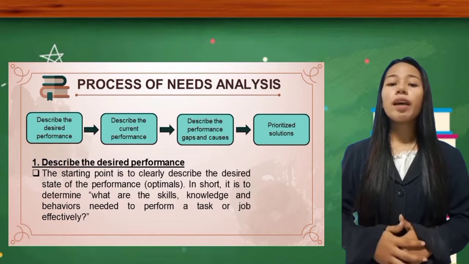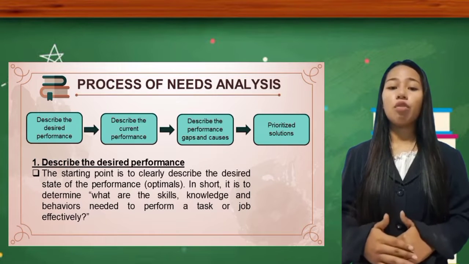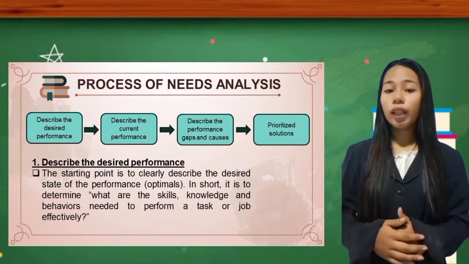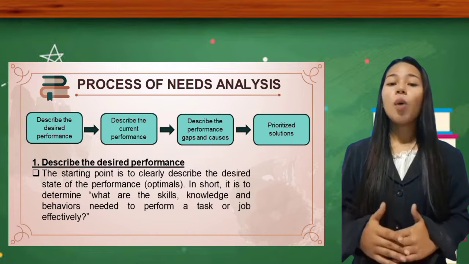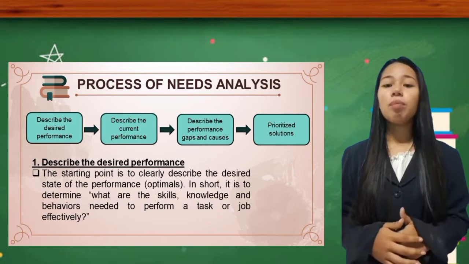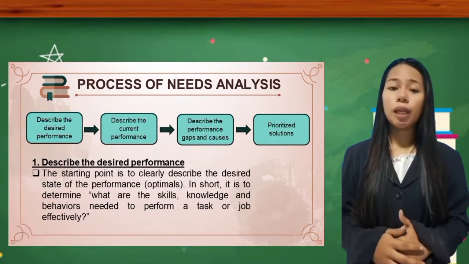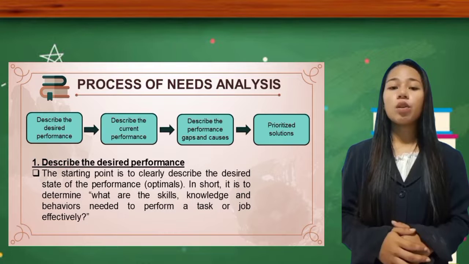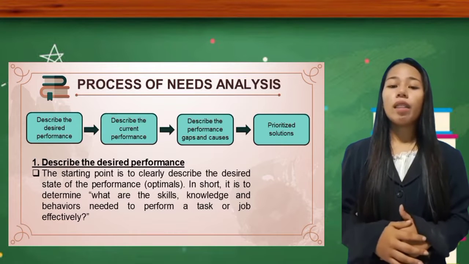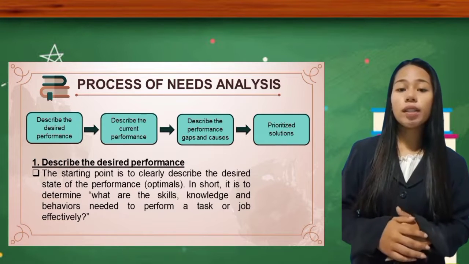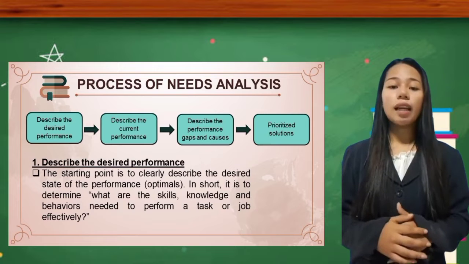The starting point is to clearly describe the desired state of performance. In short, it is to determine the skills, knowledge, and behaviors needed to perform a task or job effectively. This is where we should describe the target group, whether they are supervisors, activity leads, and so on.